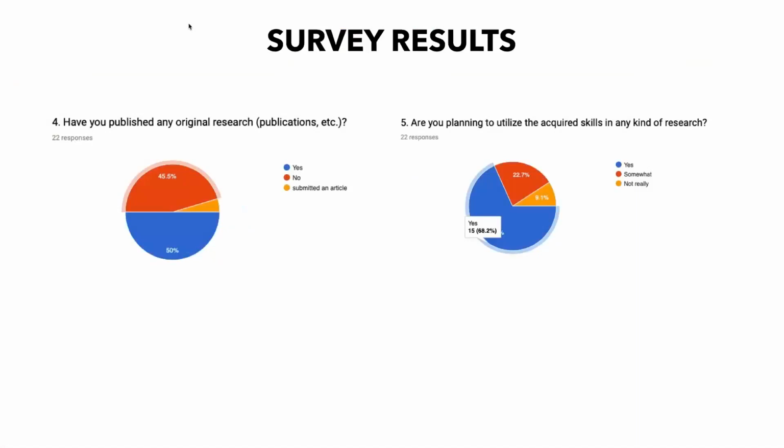So thank you, Sahil, for giving a little bit of an introduction to how things work. I do want to mention that on the survey results, it seems like a lot of you have been actively publishing, and also you plan to utilize the skills acquired in this training program to advance your research. So this is very good. We'll try to be in contact personally with some of you that are interested.